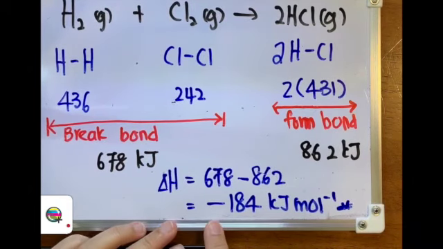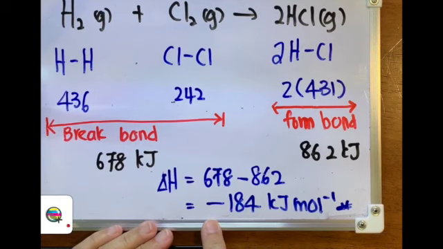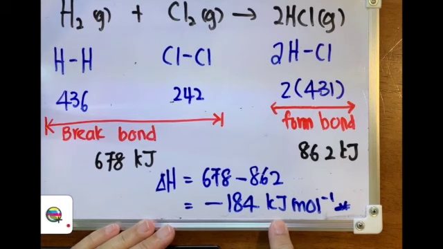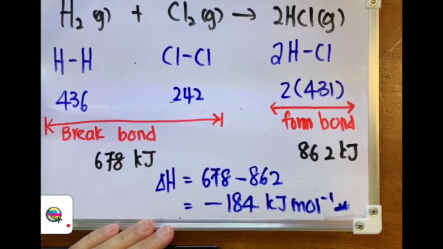And what does this negative symbol stand for? This negative symbol stands for the fact that at the end of the chemical reaction, a total amount of 184 kilojoule of heat energy is being released to the environment. This negative symbol also tells us that the chemical reaction between hydrogen gas and chlorine gas in the formation of 2 mole of hydrogen chloride is an exothermic reaction.